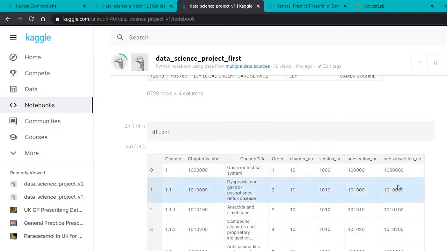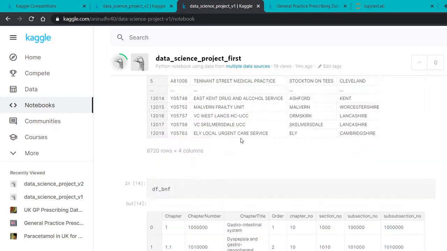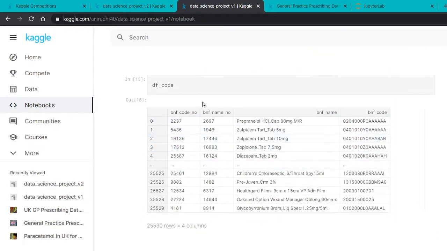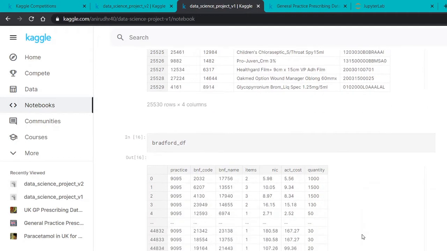This is one of the key components that we're going to use to combine the BNF codes into a particular data frame. And here is DF code. This corresponds to medicines and their BNF codes. Here we're only going to take the first seven numbers, not the rest eight, which correspond to a lot of descriptions about the medicine dosages and other stuff.